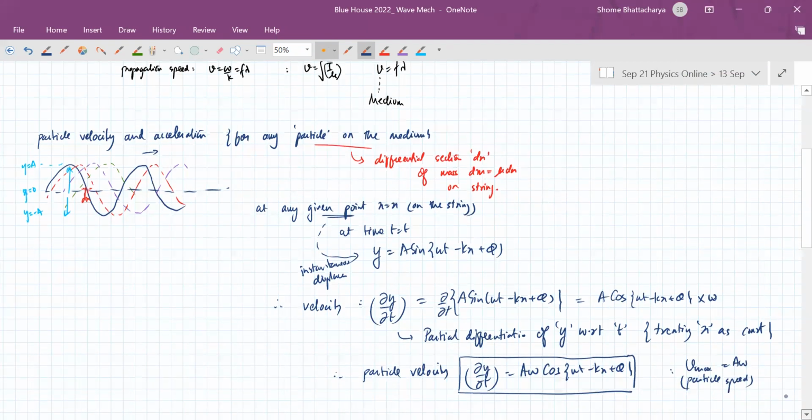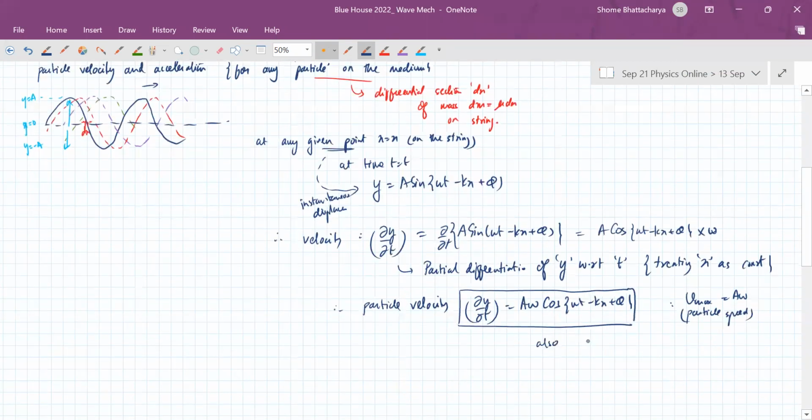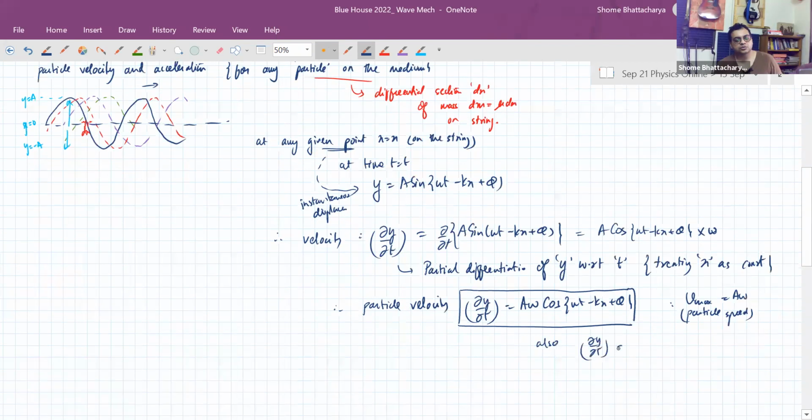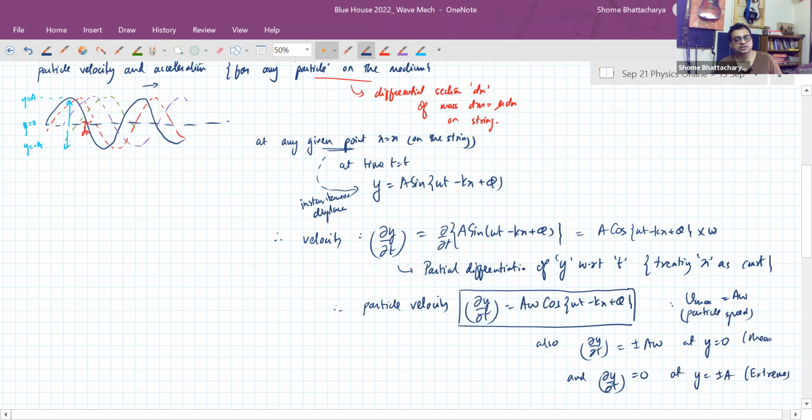Also, del y by del t is equal to plus or minus A omega at y equal to 0, and del y by del t is 0 at y equal to plus or minus A. That is, at the extreme position of oscillation it has 0 speed, whereas at the mean position it has maximum speed.